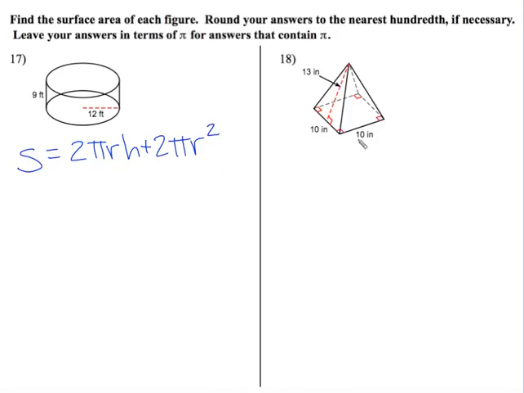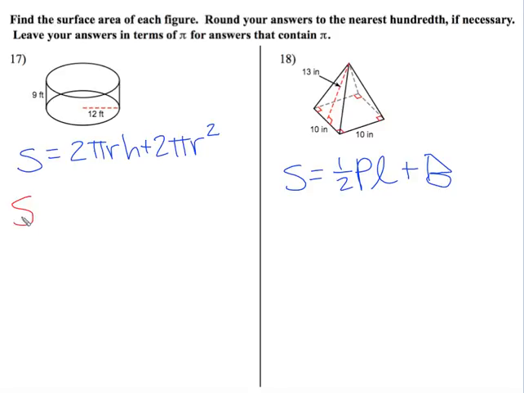For a pyramid, I believe it is 1/2 perimeter times slant height plus area of the base. And I say that real nicely because I'm a teacher, so I don't say PL. I say perimeter times slant height and area of the base. But you have to know those things in your head. On test day, I will not tell you what things stand for. You have to know that going into a test.